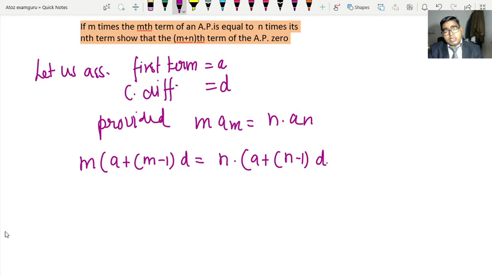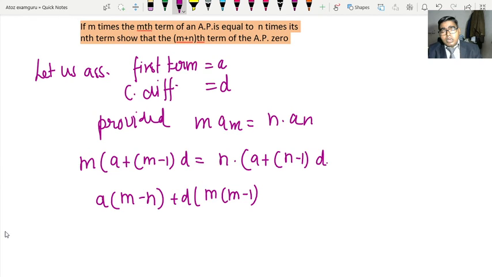If we transfer the terms to the same side, then we take A common, and we get M minus N. And if we take D common, then we get M into M minus 1 minus N into N minus 1, and it equals 0.